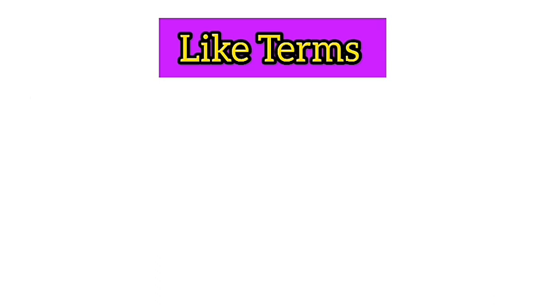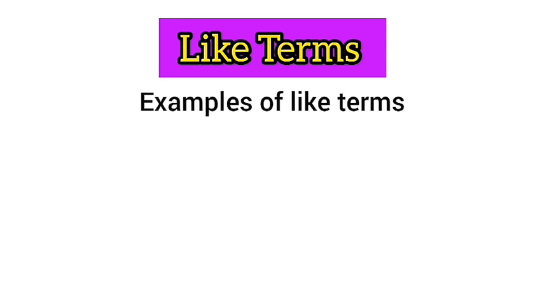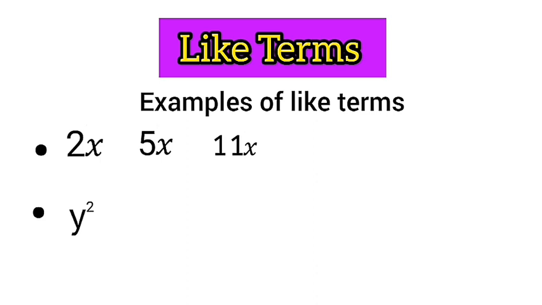Let me show you more examples on like terms. 2x, 5x, and 11x are like terms since they have the same variables raised to the same powers. Also, y^2, 4y^2, and -15y^2 are like terms since they also have the same variables raised to the same power.